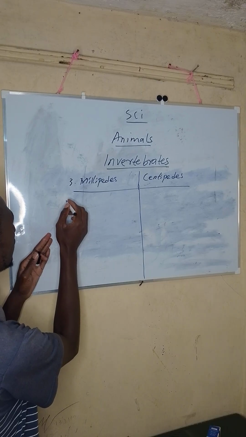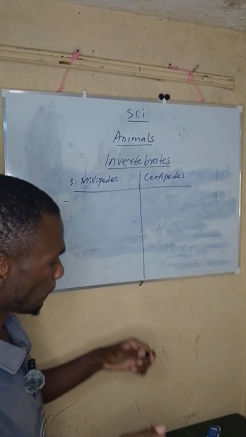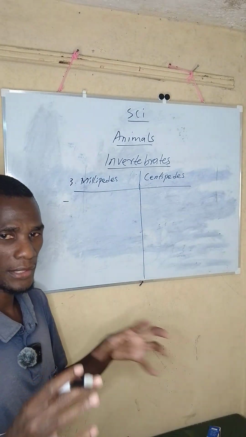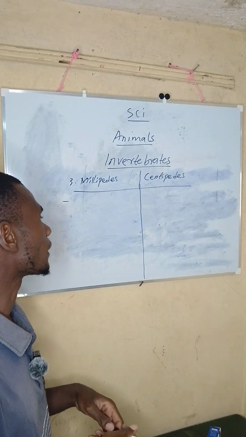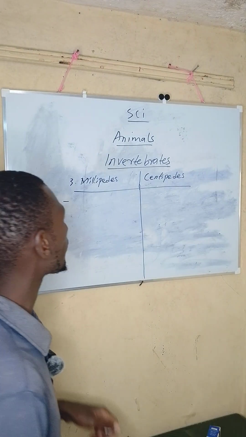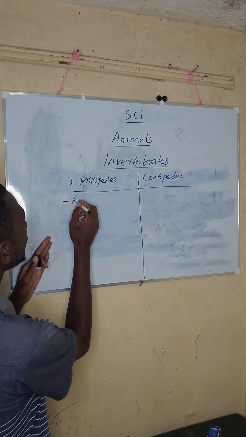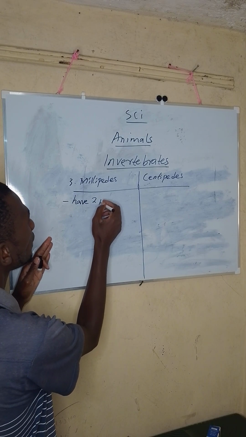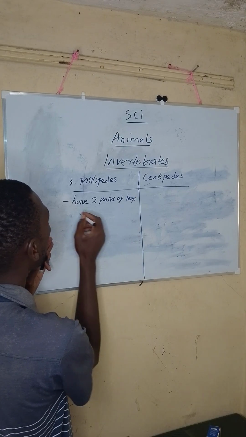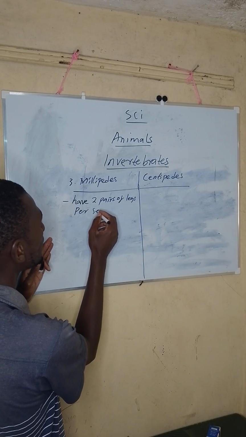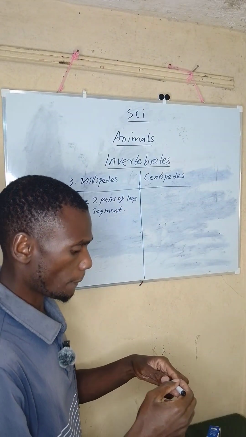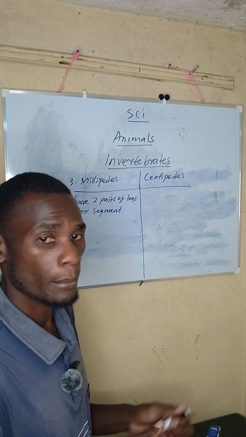Now, the first characteristic, I want to talk about their differences, how you can differentiate between these two things. The first difference is these millipedes have two pairs of legs per segment. These animals have what we call segmented bodies.